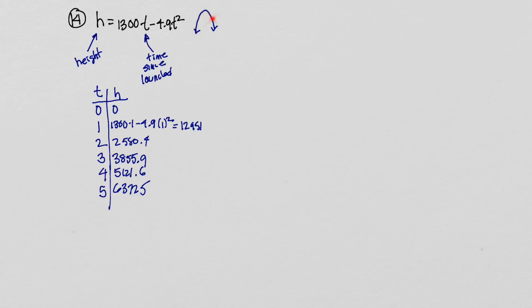Now, this is a parabola. It's supposed to turn around. So it's going up. We can see it's going up. It's got to hit some maximum height here, and then it's got to turn around. We just don't know exactly when that maximum height is if we keep doing this. But we can use this idea here. In a parabola, the x value of the vertex is given by this formula right here.